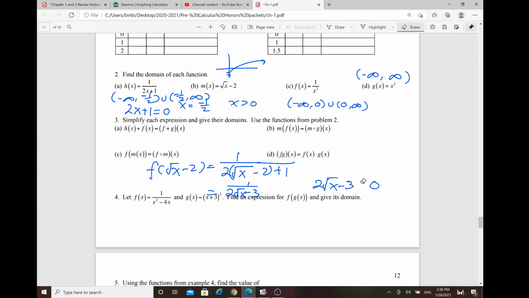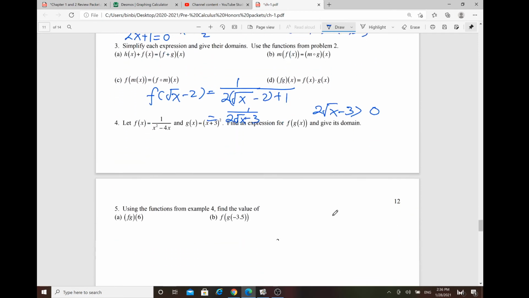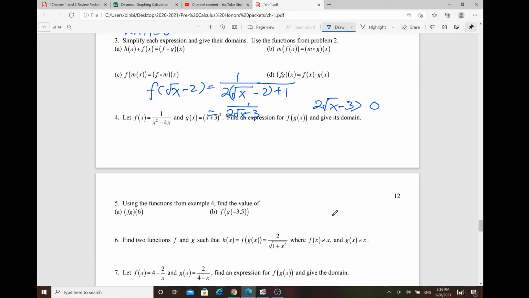But also, you need to find the restriction for this part. So set this one equals 0 first, so find the possible 0. And also do the sign test, because that's nonlinear. So I would say that it's greater than 0. And then solve for x. Okay, so the rest of this is quite similar.